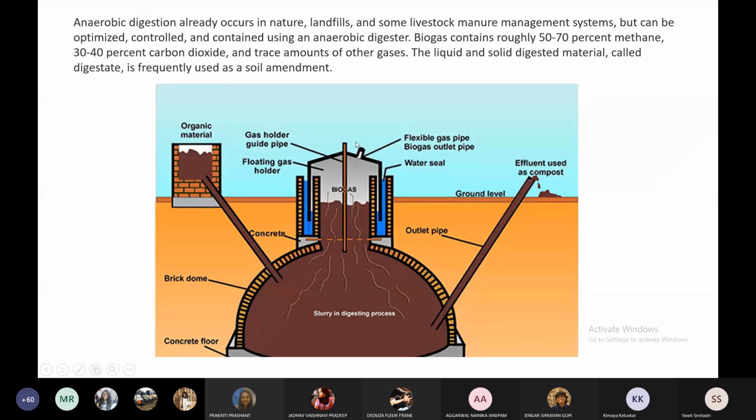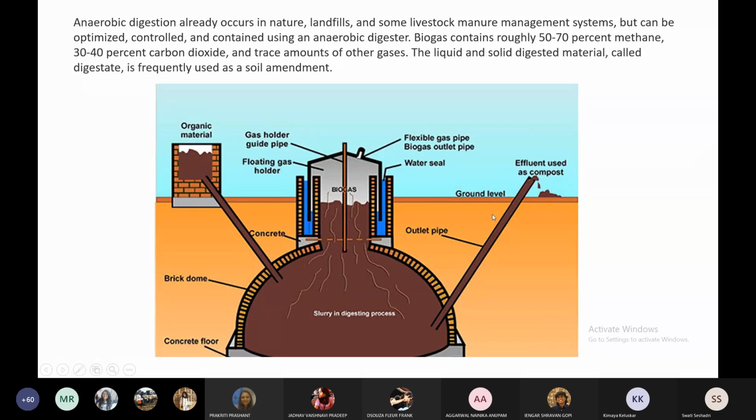Whatever sludge or waste matter or byproduct is in the form of the fecal matter or the solid sludge which is accumulated below is taken for composting, and from there it's used. The water seal around that chamber on the top is very important because of the odor. Otherwise all the odor is going to come out.